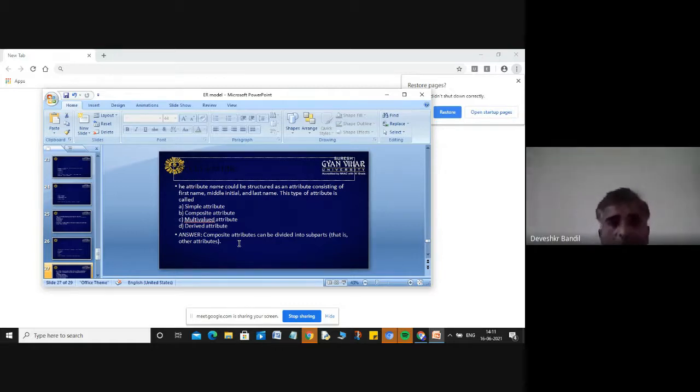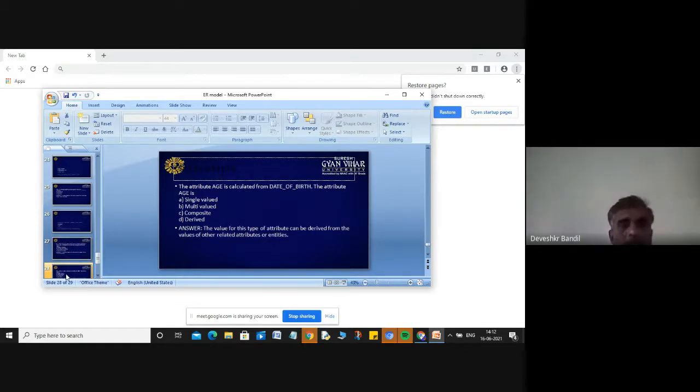This type of attribute is called, obviously, a composite attribute, which can be divided into subparts. That is your answer. Obviously, you can divide your name into three parts: your first name, your middle name, and your last name. That's why your answer will be composite attribute.